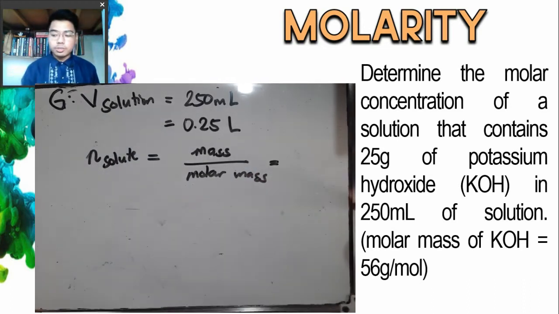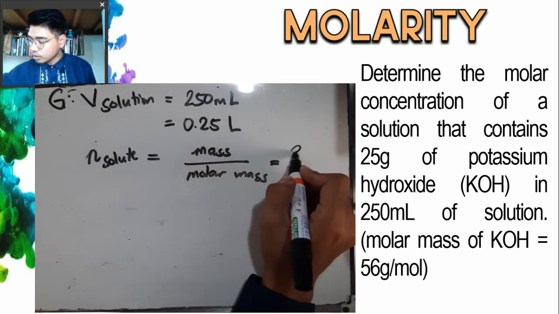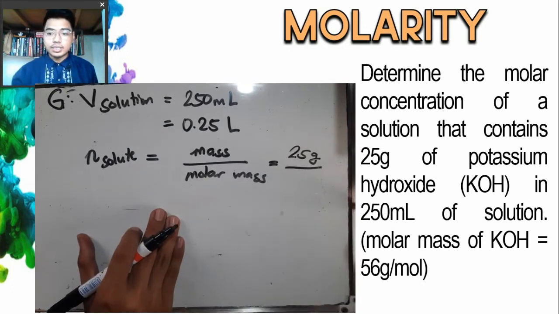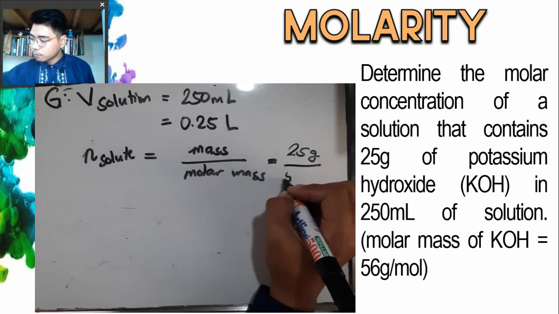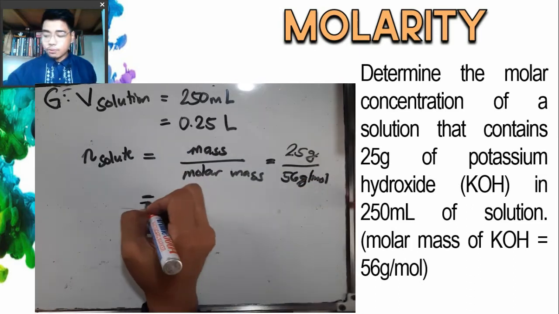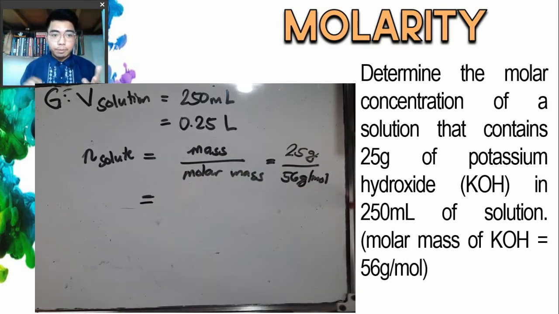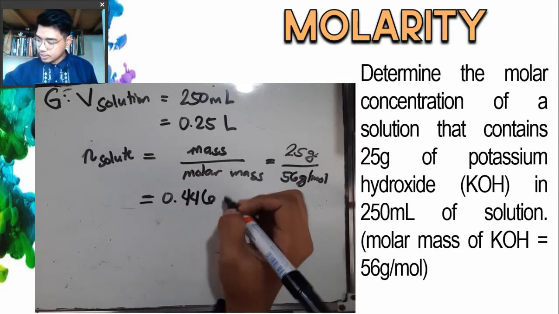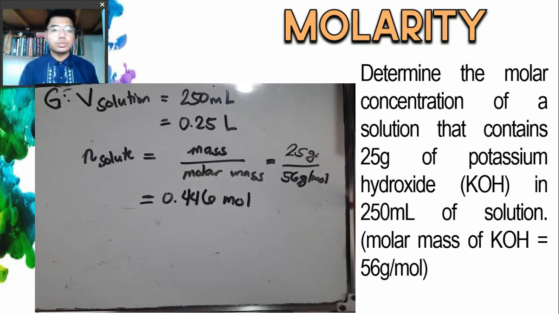And when it comes to the mass that is present in this particular problem, it is equivalent to 25 grams, while the molar mass is equivalent to 56 grams per mole, in which we're going to arrive at the number of moles present in potassium hydroxide, which is equivalent to 0.446 moles.